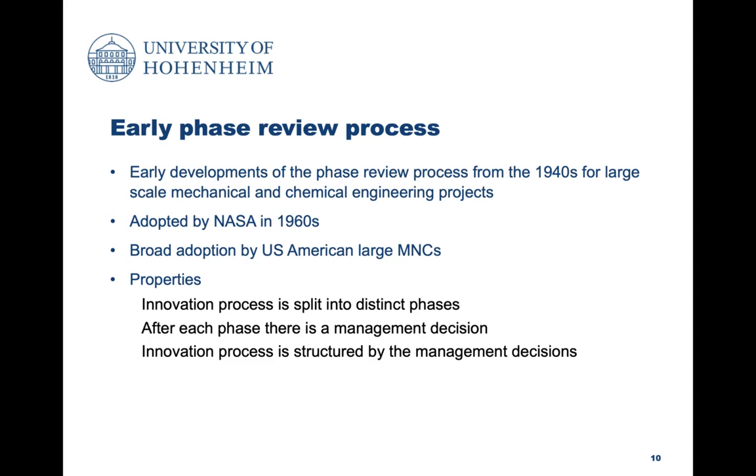And then when companies thought, oh, there is a process out there that helped us to bring a man to the moon within a considerable amount of time, then they thought, well, we could use this kind of approach also for our product development.